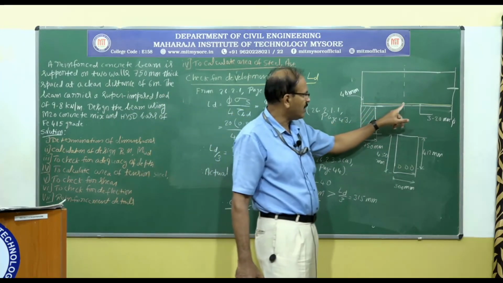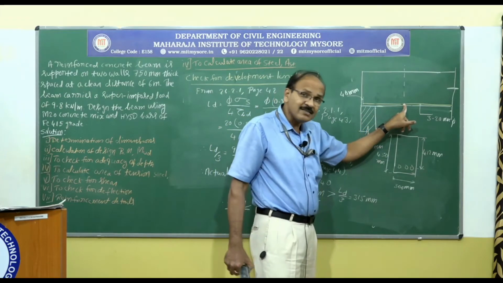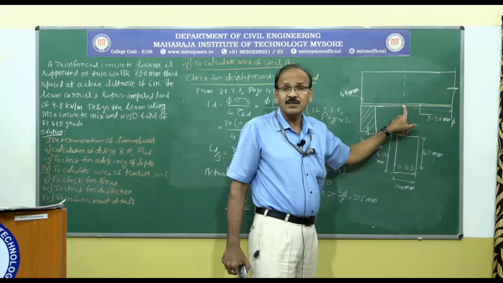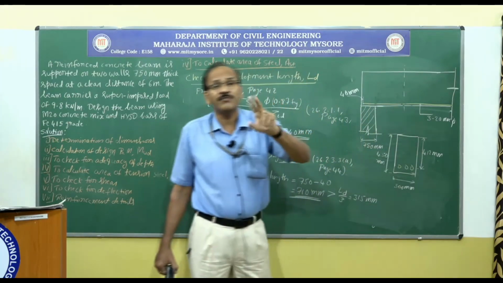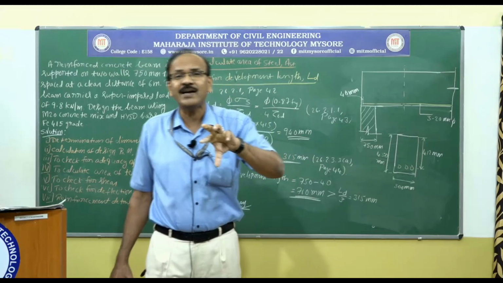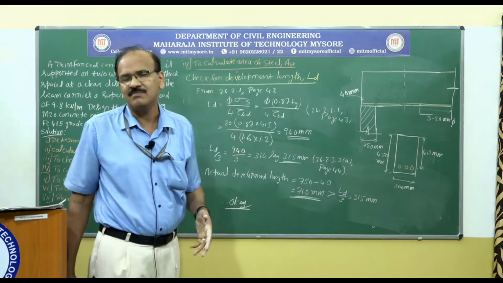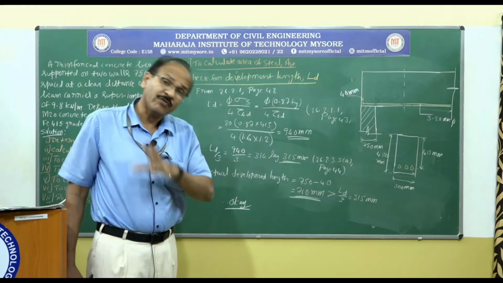However, as per the codal recommendation, that is the theoretical cutoff point. From the theoretical cutoff point, we have to extend the bar for a distance equal to 12 times the diameter of the bar or 1 effective depth, whichever is greater. That is what we did.